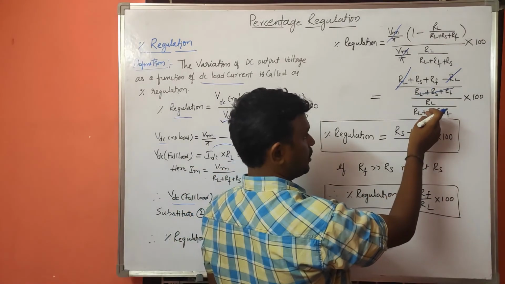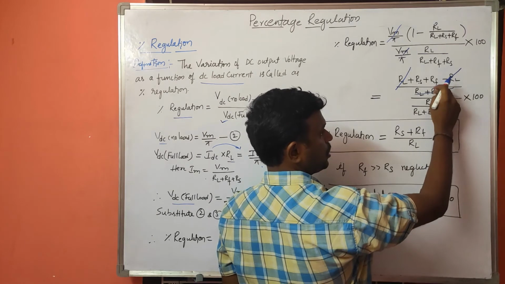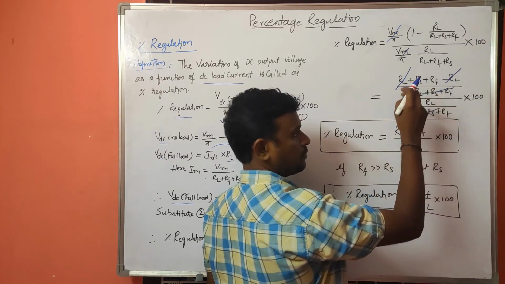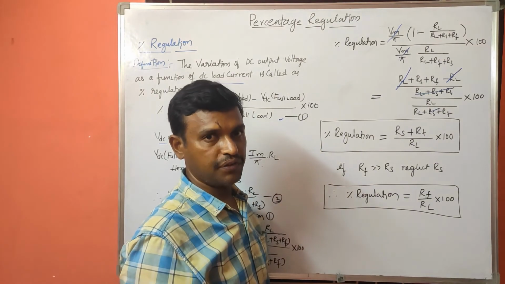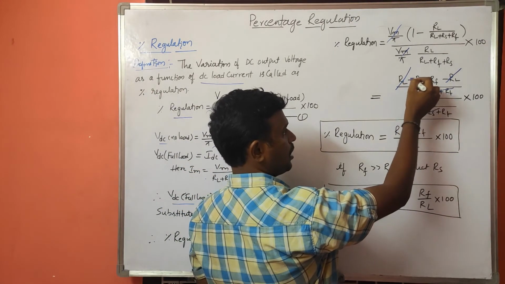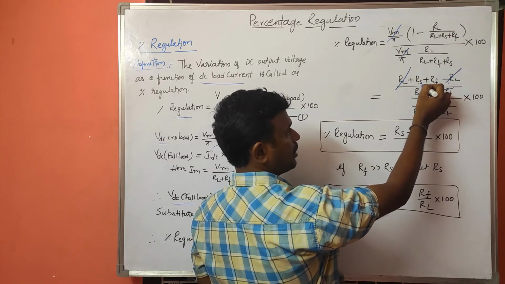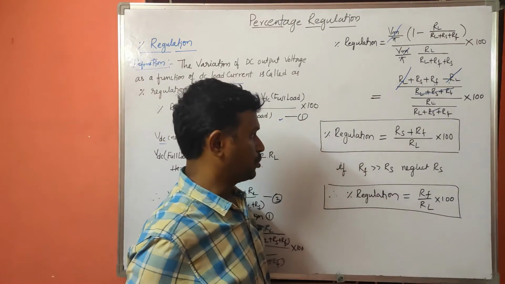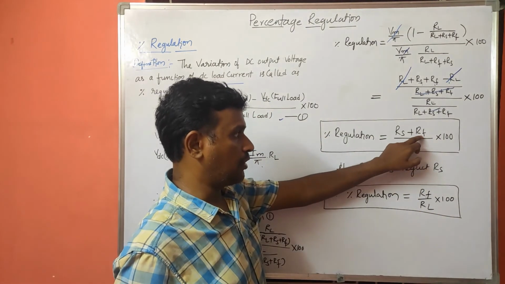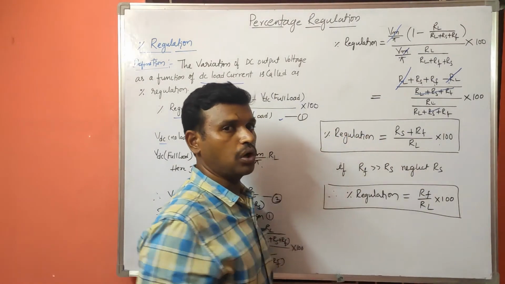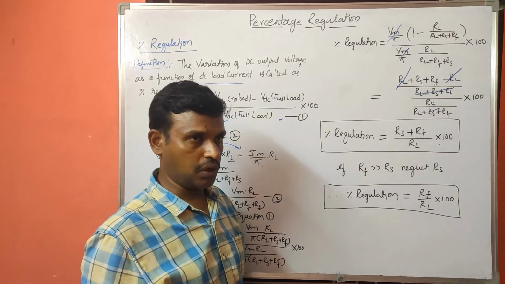The reciprocal of the denominator goes to the numerator, so the common terms cancel and the remaining terms are Rs plus Rf multiplied with RL. Therefore it is Rs plus Rf by RL into 100. So this is the equation of percentage regulation.